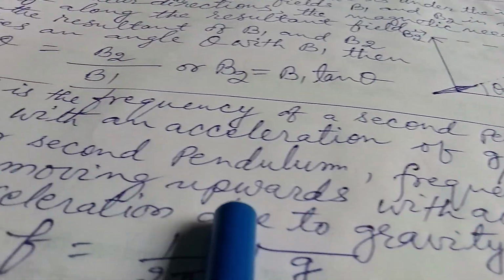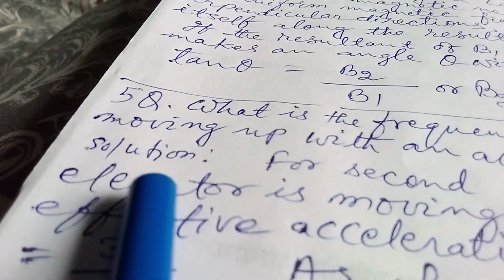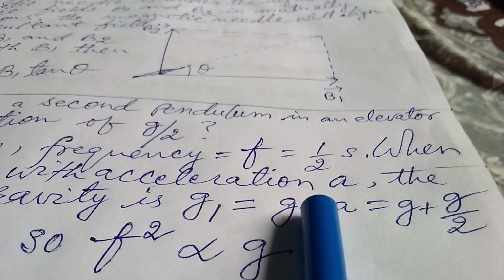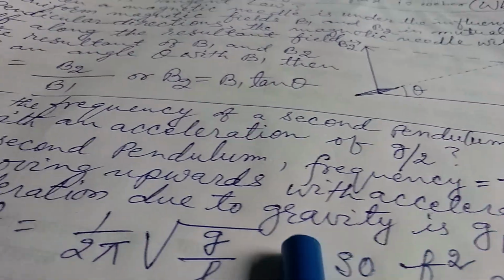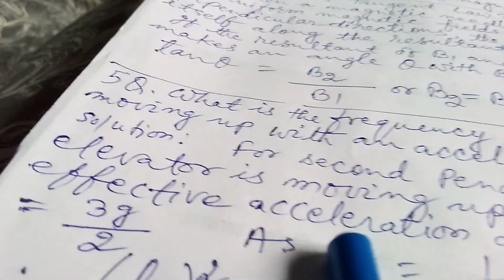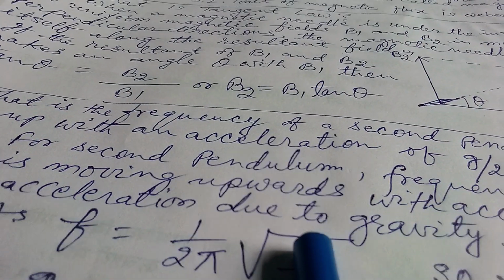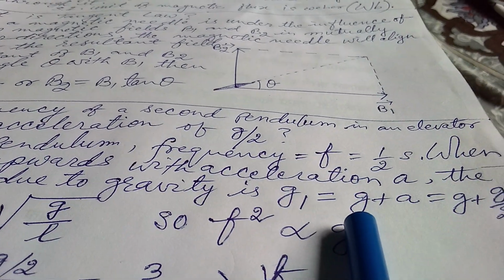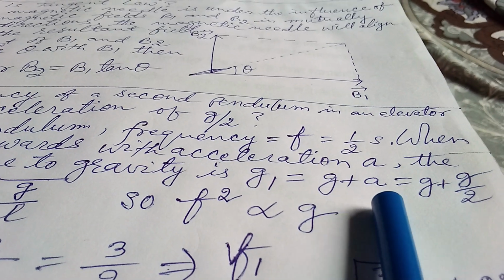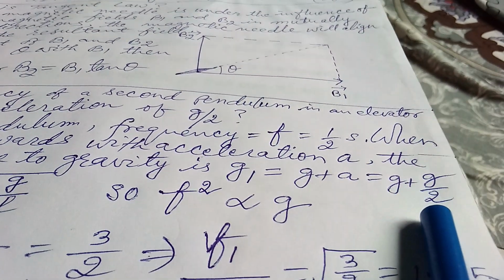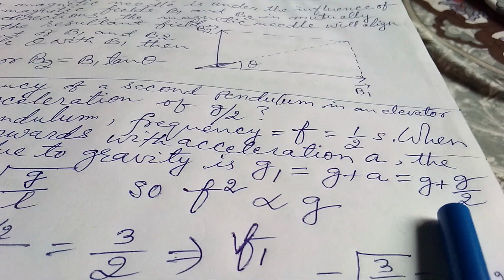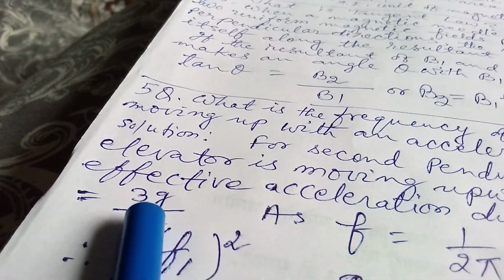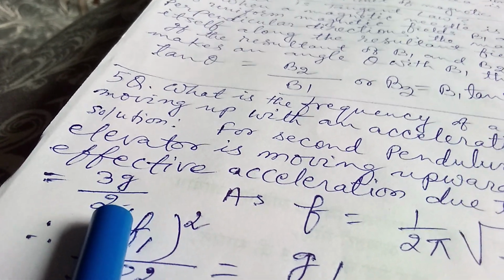When the elevator is moving upwards with acceleration a, the effective acceleration due to gravity is g1, which equals g plus a, which equals g plus g by 2, that is 3g by 2.